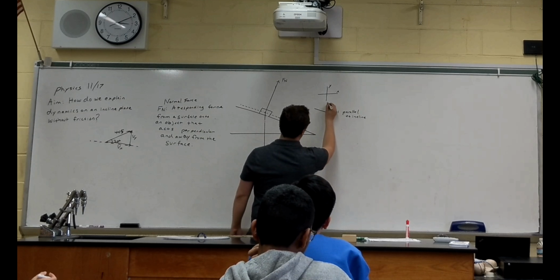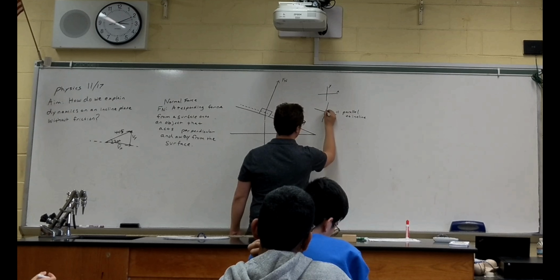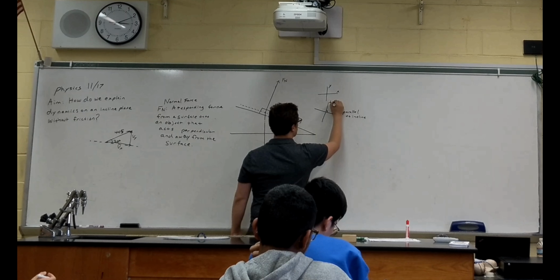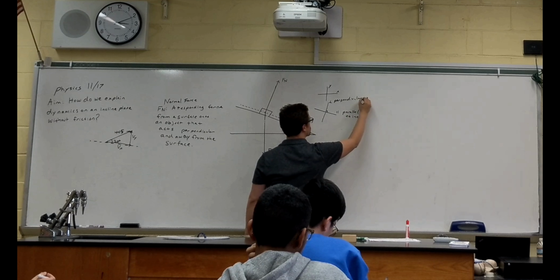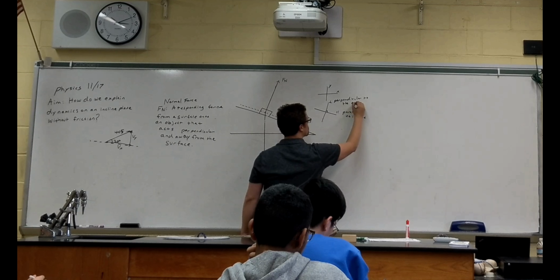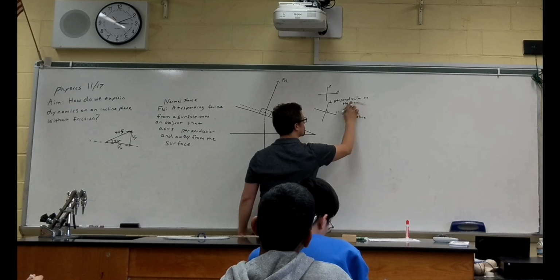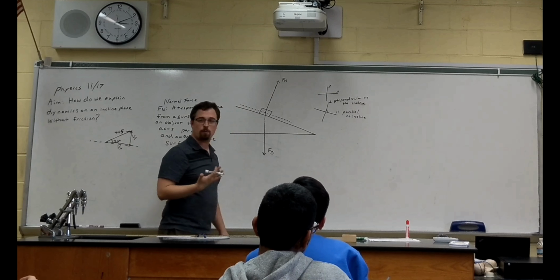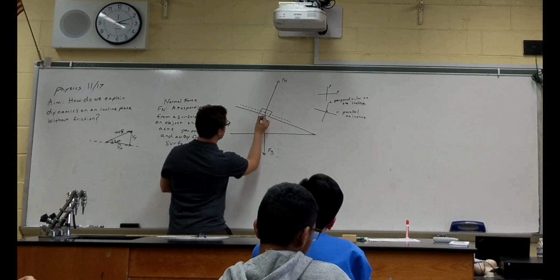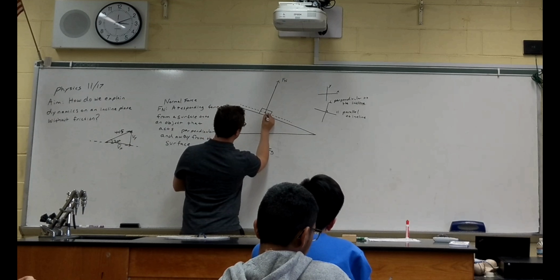And then I'm going to draw a perpendicular one, like this, and this will help simplify our problem. Because now we can break gravity into the two pieces that resolve into these two directions.